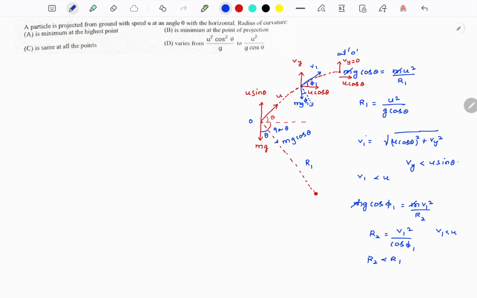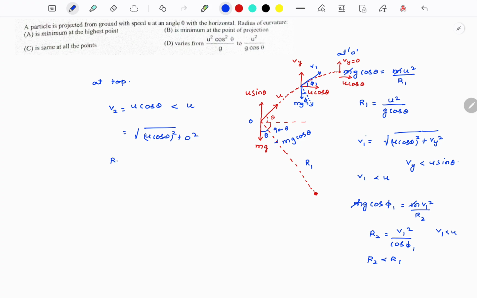Similarly, if we move on to the top point, at the top the velocity will be v2, which is u cos theta only, and it is very much less than u because there is no vertical component. v2 is equal to root of u cos theta whole square plus 0 square. So again it is very much less than u.